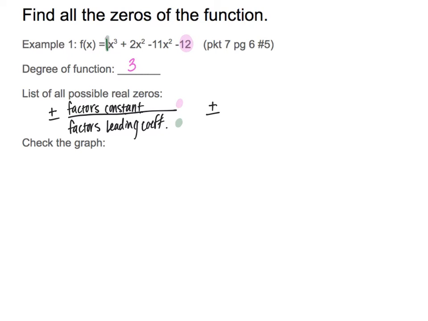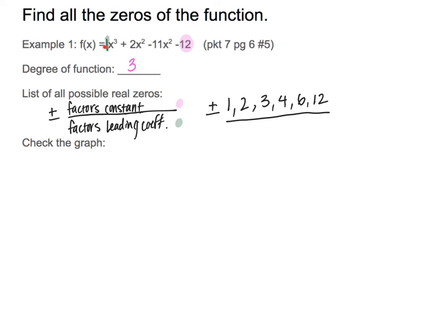So let's start with the number 1 and go all the way up to 12. 1 divides into 12, 2 divides into 12, 3 also divides into 12, 4 divides into 12. 5 doesn't, 6 does though, 7 doesn't, 8 doesn't, 9 doesn't, 10 doesn't, and 11 doesn't, but 12 does. And so that's all the factors of just 12, numbers that divide into 12.